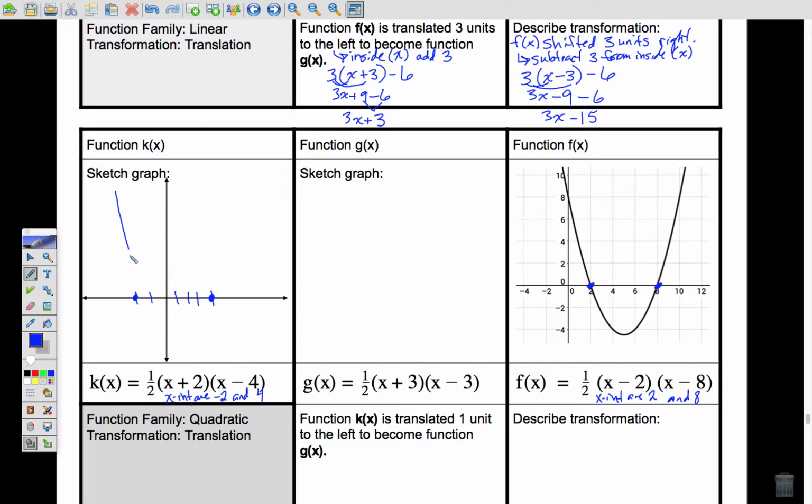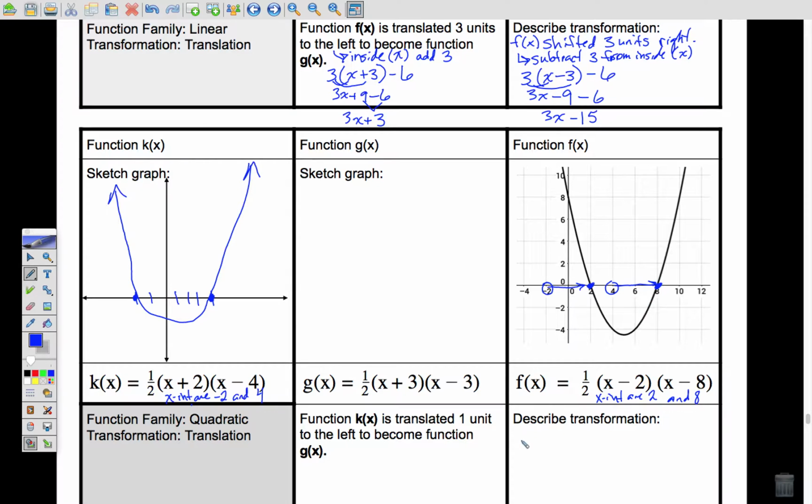So it's going to have the same basic shape. And that's really bad looking, but you get the idea. So here at negative 2, right here it's at positive 2. So I can see that the original one was here at negative 2 and positive 4. So I could see that it shifted 1, 2, 3, 4 this way. This one went 1, 2, 3, 4. They're counting by 2s if you notice.